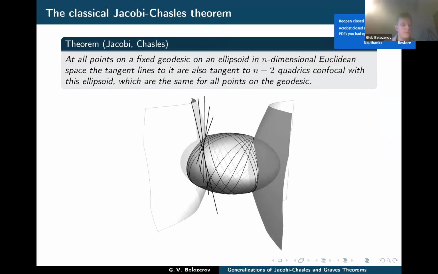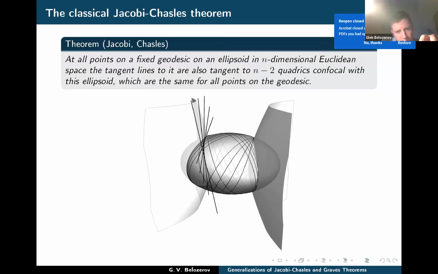Now we can formulate the classical Jacobi-Chasles theorem. It states that at all points on a fixed geodesic on an ellipsoid in n-dimensional Euclidean space, the tangent lines to it are also tangent to n-1 quadrics confocal with this ellipsoid, which are the same for all points on the geodesic. Here you can see the illustration of this theorem.